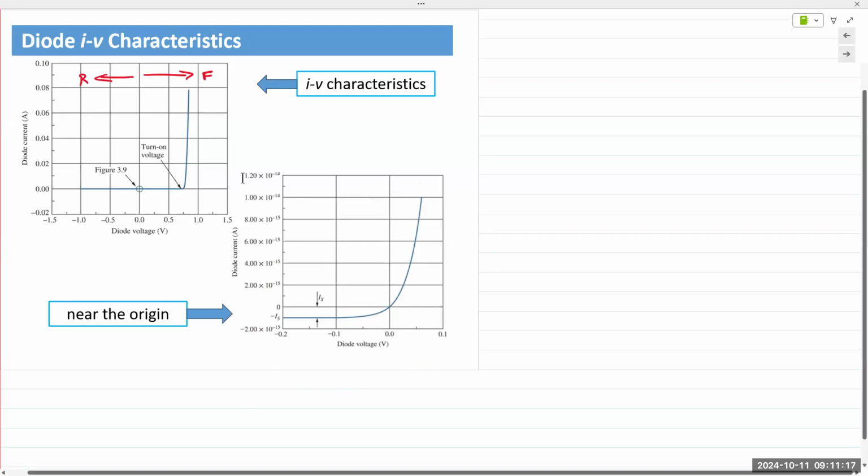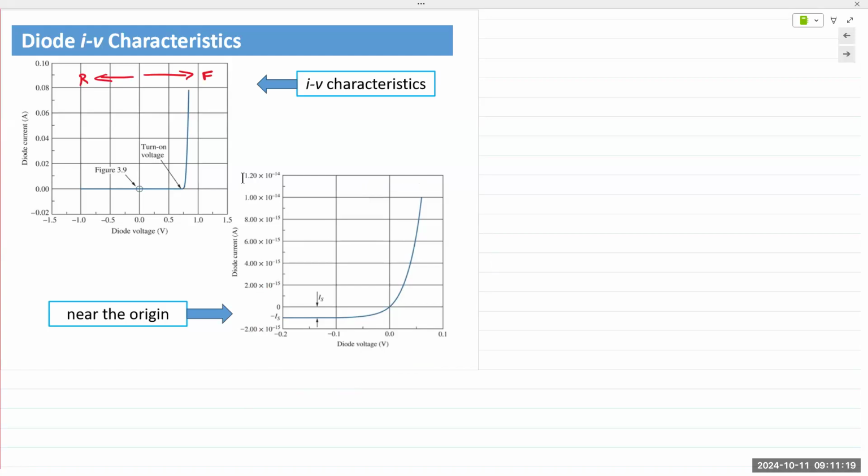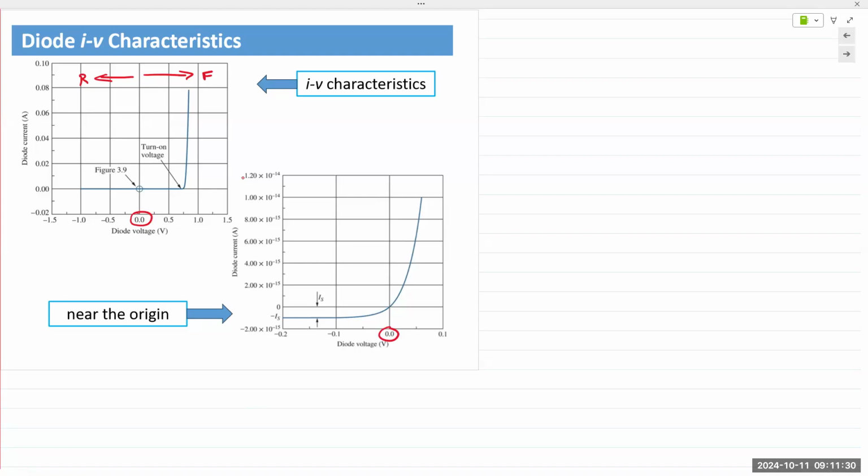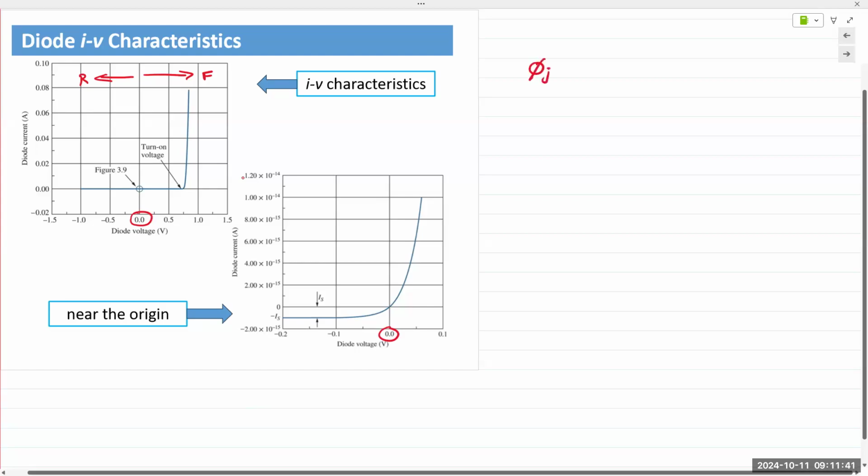So let's take a look at the forward side first. We have a positive voltage that is being applied to the diode. So this is the origin right here, right? Positive voltage applied to the diode, minimal current flow for a while until the junction potential barrier is overcome and the diode starts conducting. And so basically, phi j, which is the built-in potential that is a result of the depletion region, needs to be overcome.